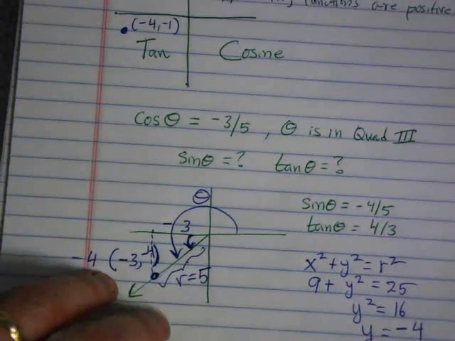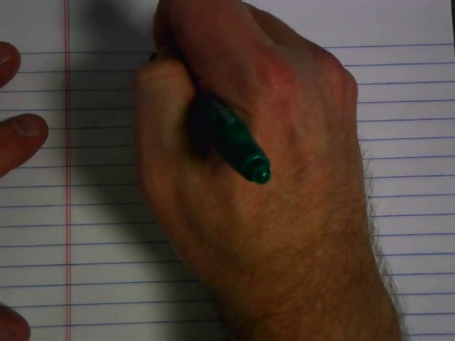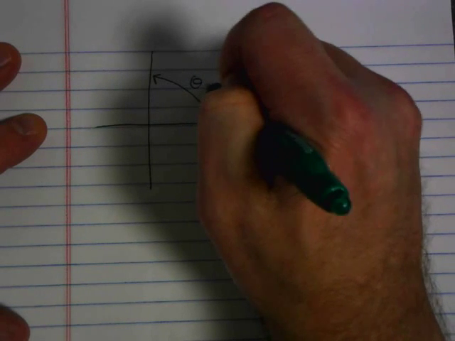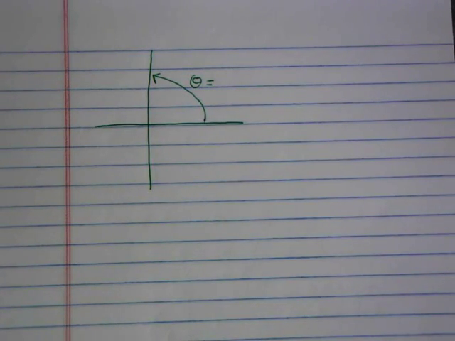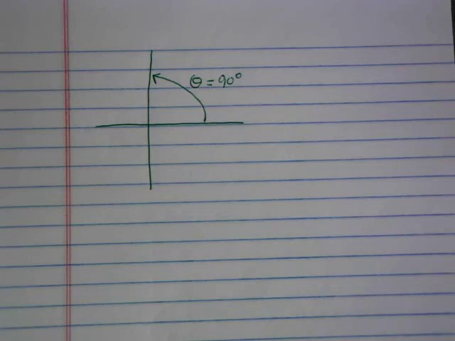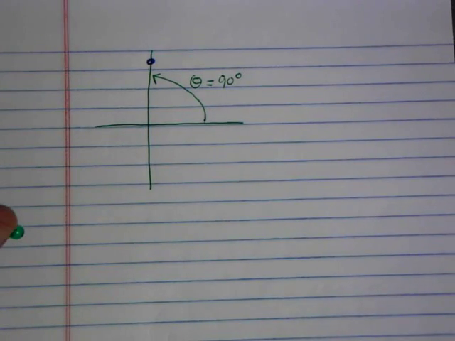All right, so what I want to end with today is a very important angle. I'm going to give you this angle theta right here. You should know how much that angle is. That angle is 90 degrees. Give me a point on that ray, any old point that you like. 5 is not a point, 5 is a number. 0,5 is a point.